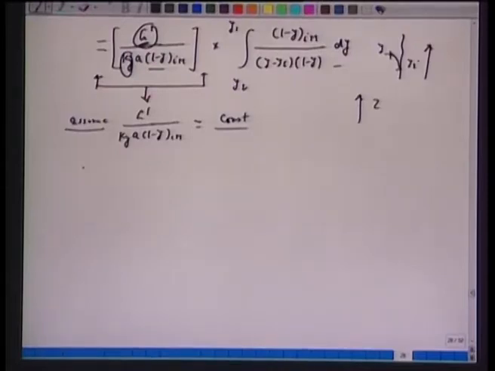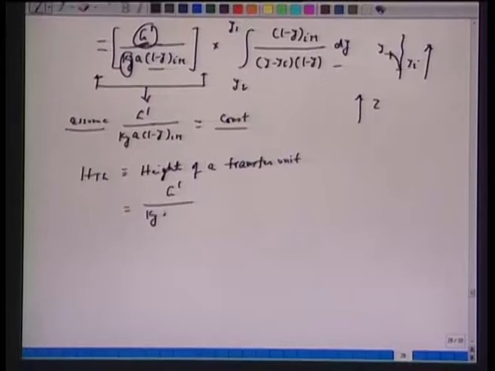Now, we call this HTG, height of a transfer unit. So, height of a transfer unit is G prime over Ky a 1 minus y_I m, and this can also be written as G prime over Kg a P_t 1 minus y_I m, based on the partial pressure.